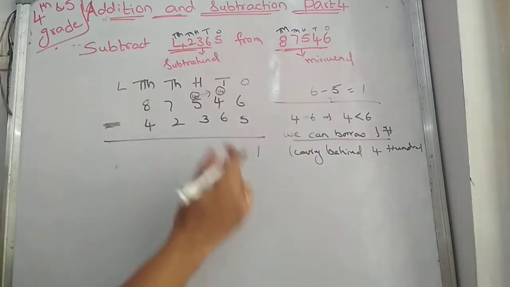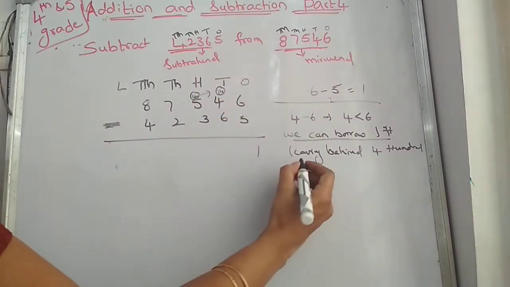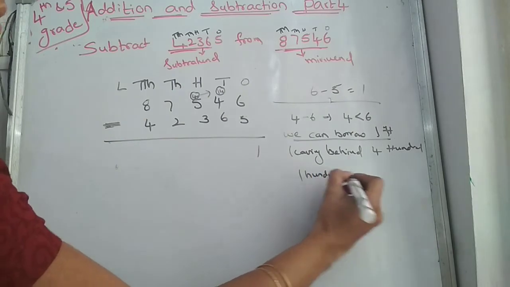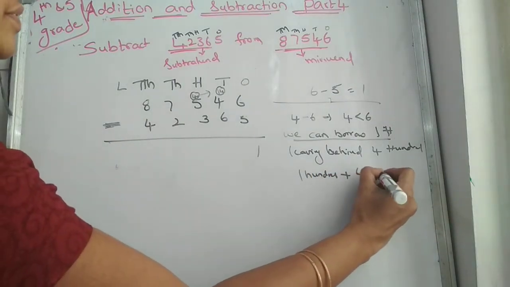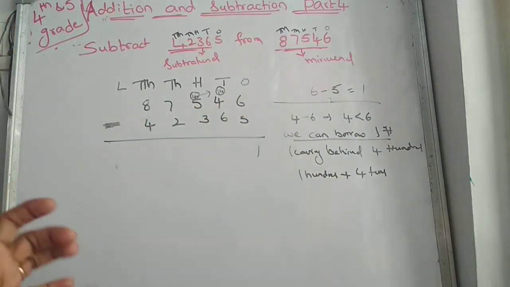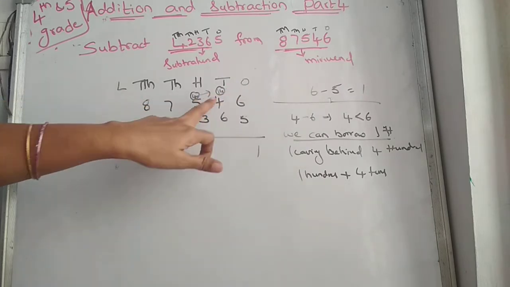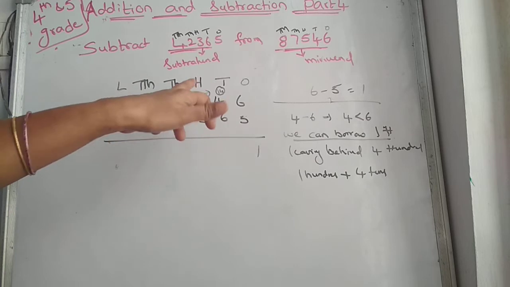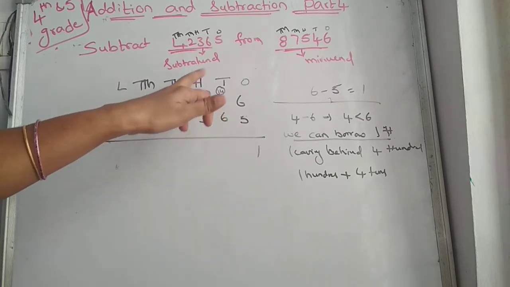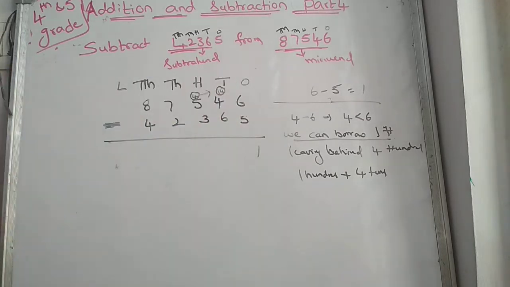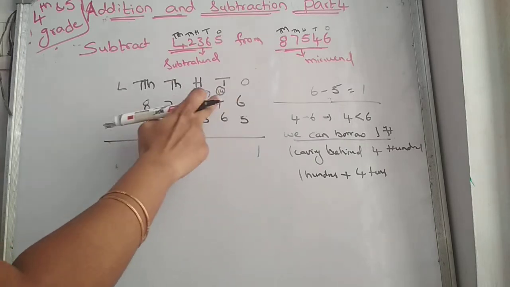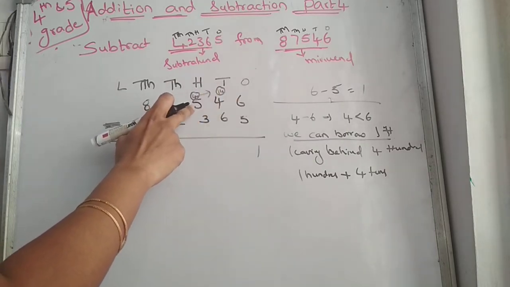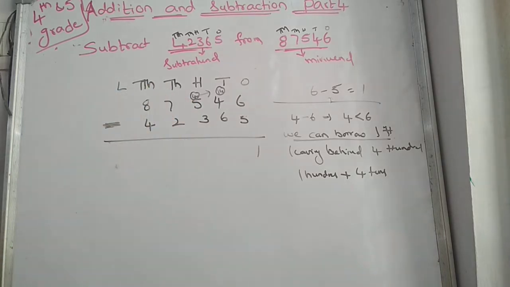See how 14 will come here. 100 plus 4 tens. Because 4 is small and 6 is big, we borrow 100 from the hundreds place to the tens place. Here 5 was there, so 4 is left, leaving behind 400s.